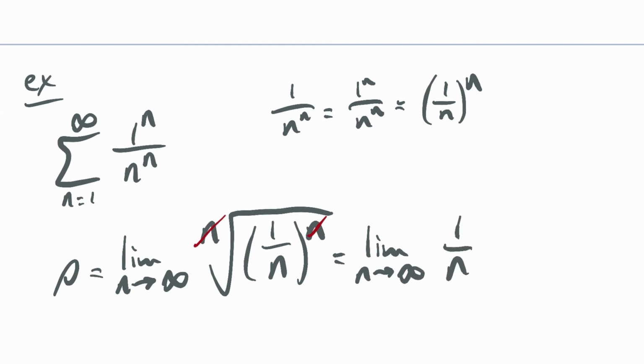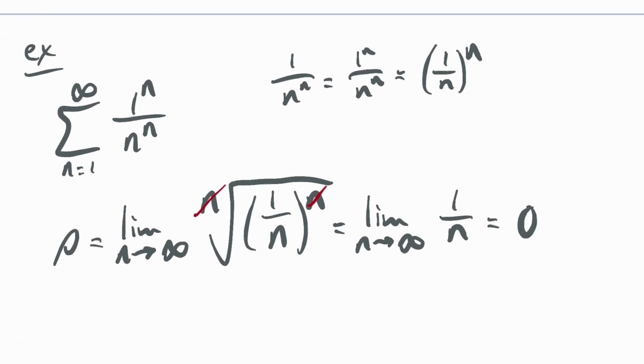And you might make an error and say, oh, this is the harmonic series, that diverges. But we're not considering a series, we're considering this limit right now. If the bottom goes to infinity, then the whole thing goes to 0. So that's less than 1, so the series converges.